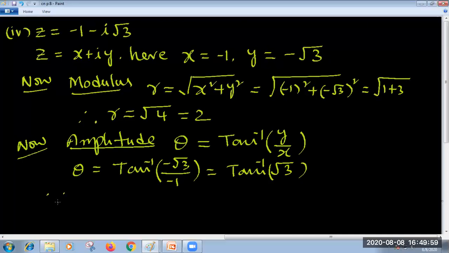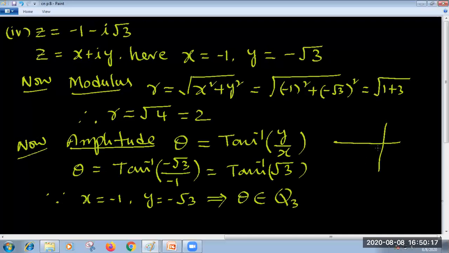Since x is negative and y also negative, this implies the angle belongs to Q3. The angle is in the third quadrant. So the third quadrant angle is between minus 180 and minus 90.